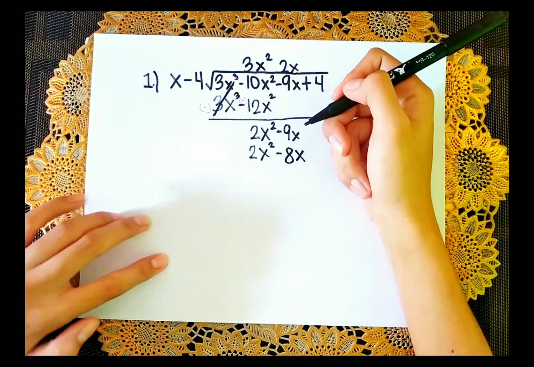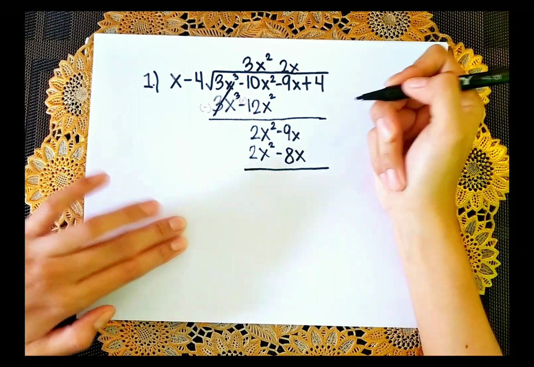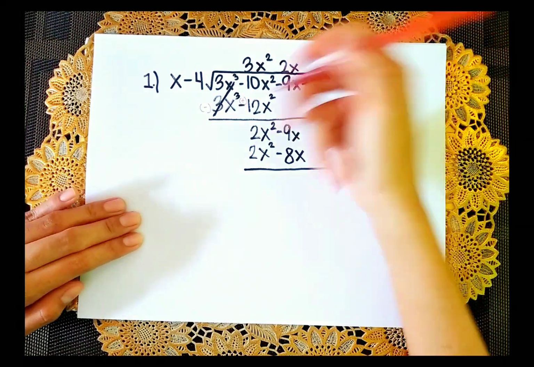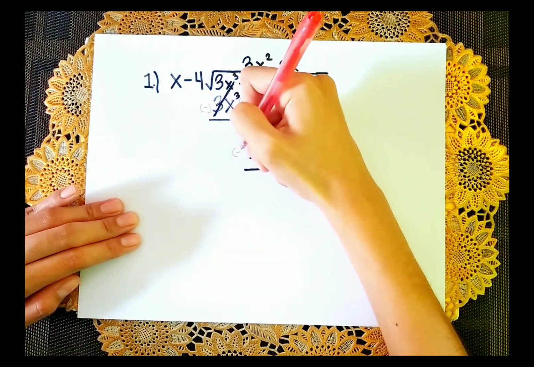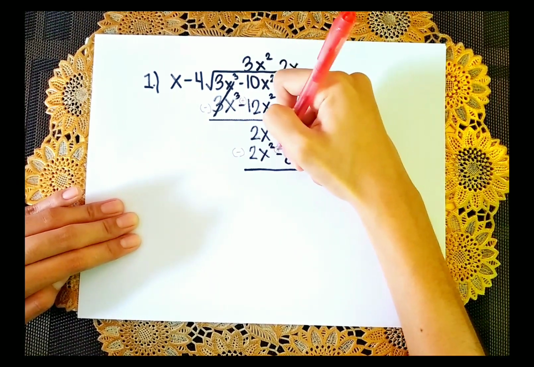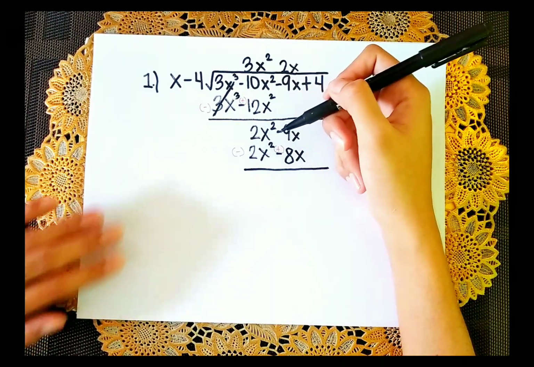So we proceed in subtracting them. Remember that you have to change the sign of the subtrahend and proceed to the addition. So this positive 2x squared will become negative, while negative 8x will become positive. Let's add 2x squared plus negative 2x squared.